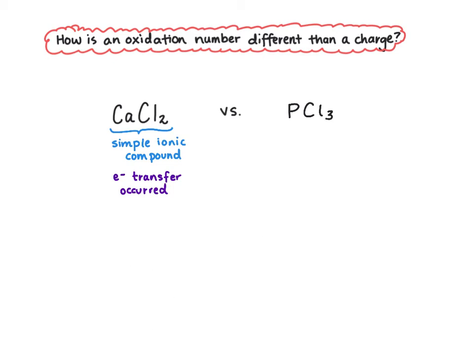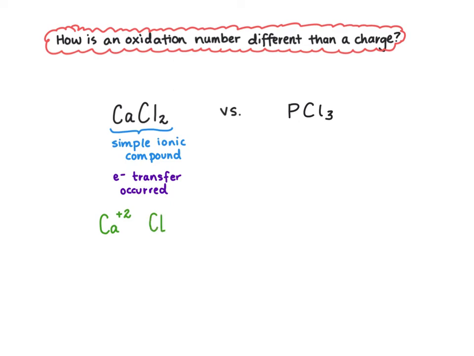So in this case, calcium has lost 2 electrons. Now normally we would write this as calcium 2 plus because we write charges with the number first. When we are representing an oxidation state, we're going to write calcium plus 2. It's a small difference, but an important one.